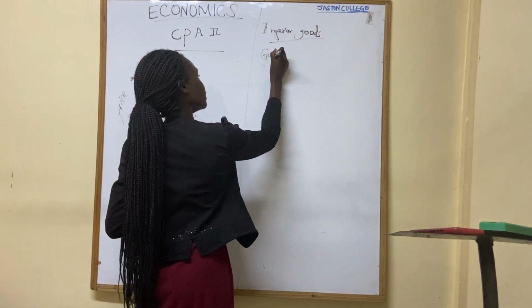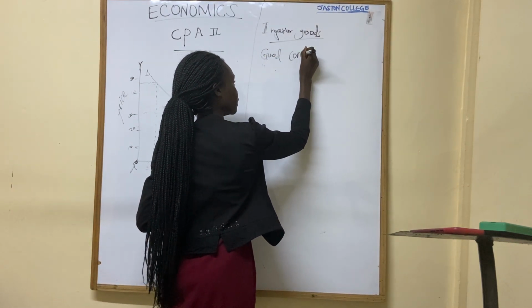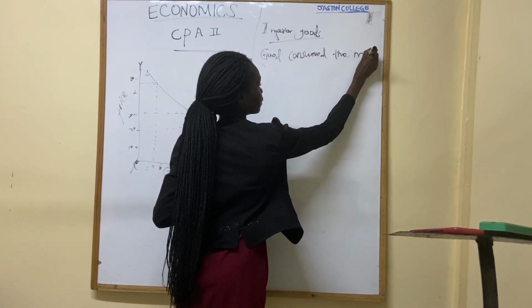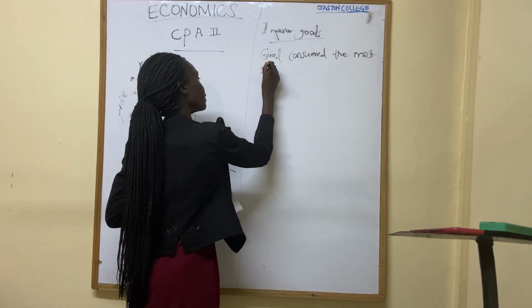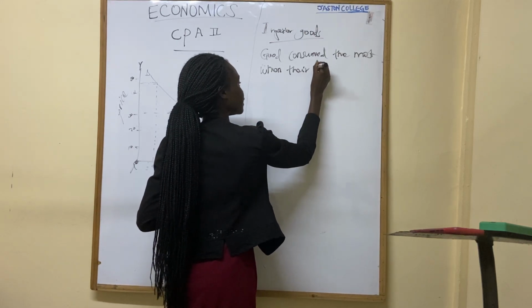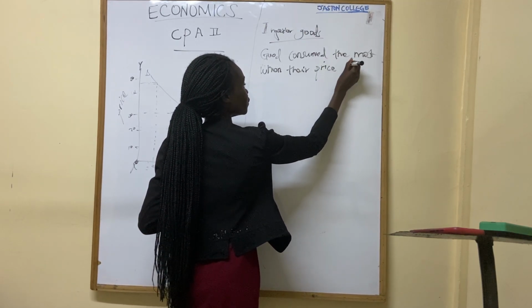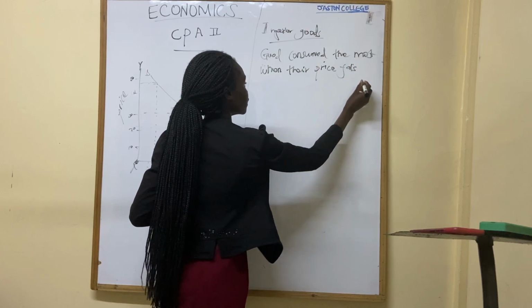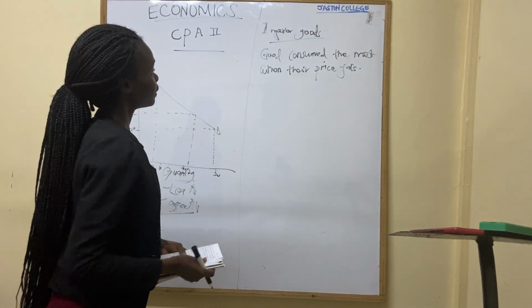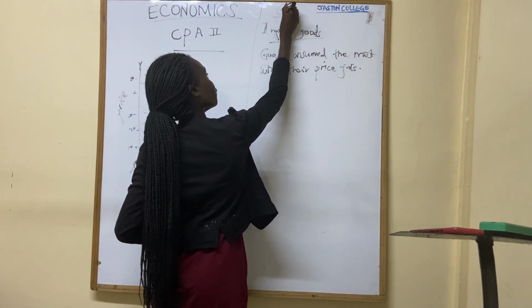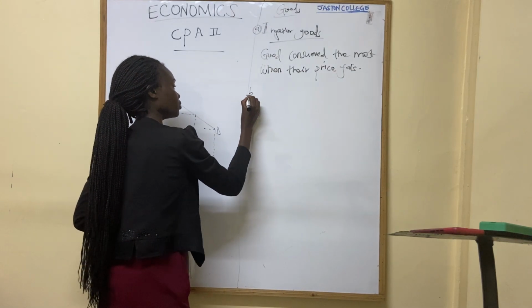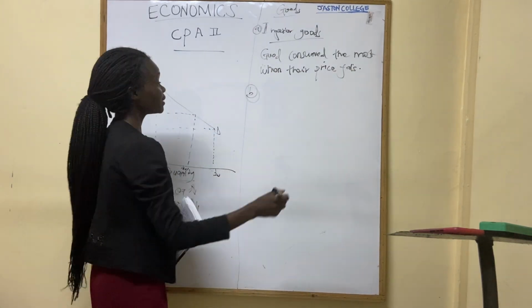These are goods consumed the most when their prices fall. This is number one. The second one is speculative goods.